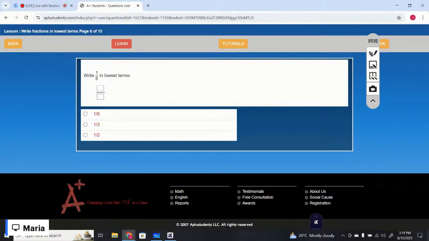Write 1 by 6 in lowest terms. 1 by 6 is already in lowest terms.